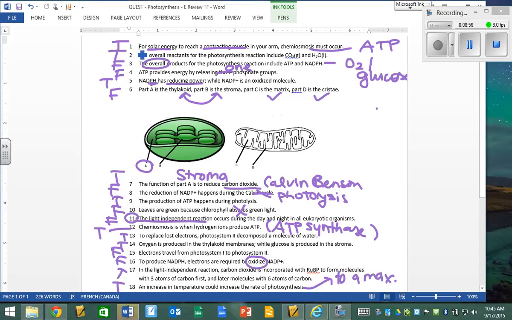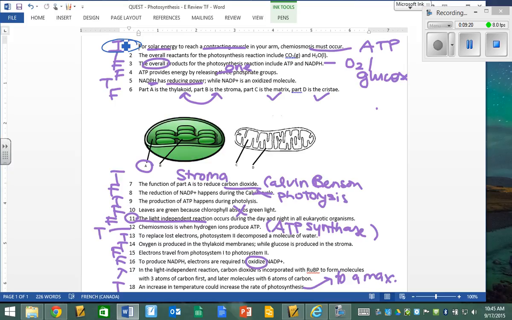I'm going to point out thing number 1. Thing number 1 asks about energy getting from the sun all the way to a muscle. On the very first lesson about photosynthesis, we talked about a cycle and how the sun comes in and goes to a chloroplast, and that makes oxygen and glucose, and it goes to a mitochondria, and that makes ATP, and ATP has functions.